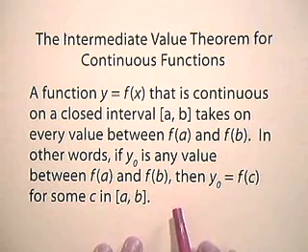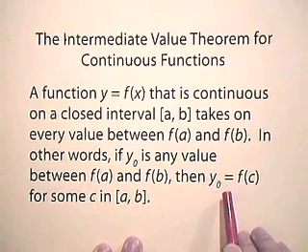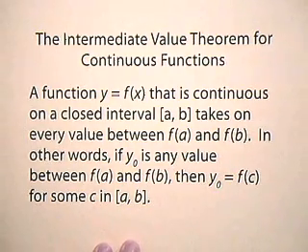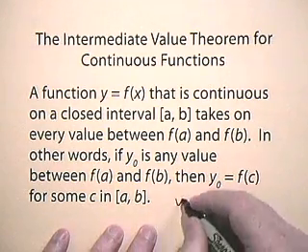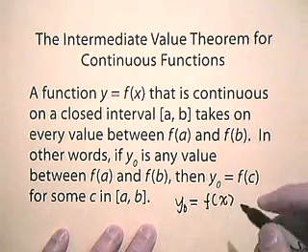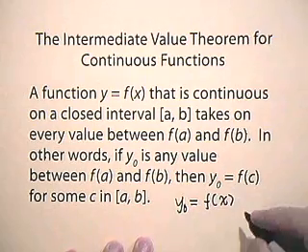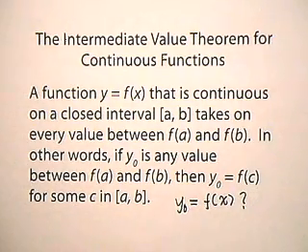Notice what this is telling us. This is guaranteeing the existence of a solution to the equation y naught equal f of x. In other words, if I were to ask you to solve the equation y naught equal f of x, one question you would have is, does there exist a solution? Is there a solution of that equation?